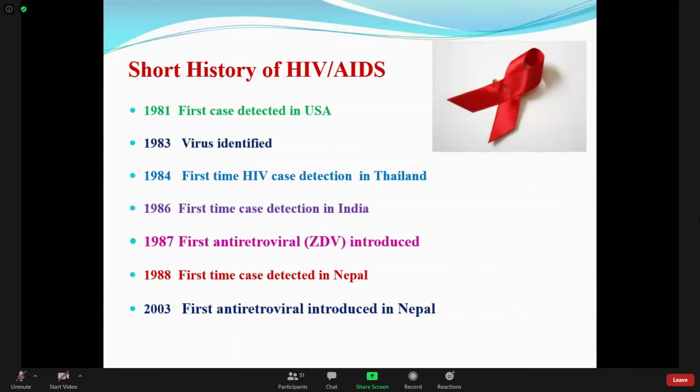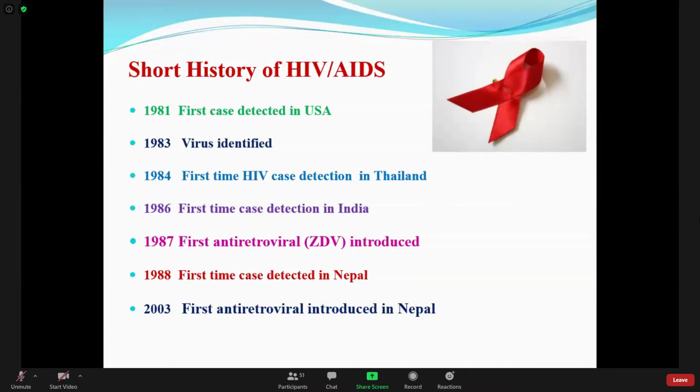In 1986 the first case was detected in India, and after 2 years, in 1988, the first cases were detected in Nepal.